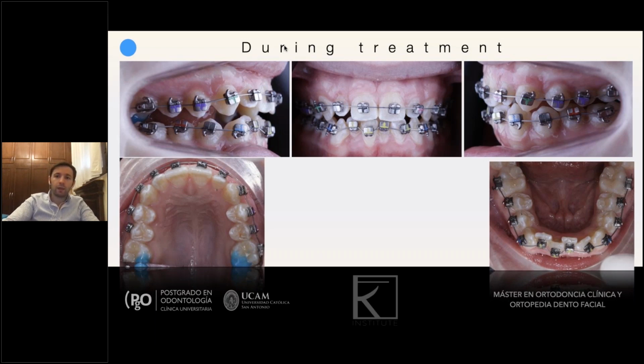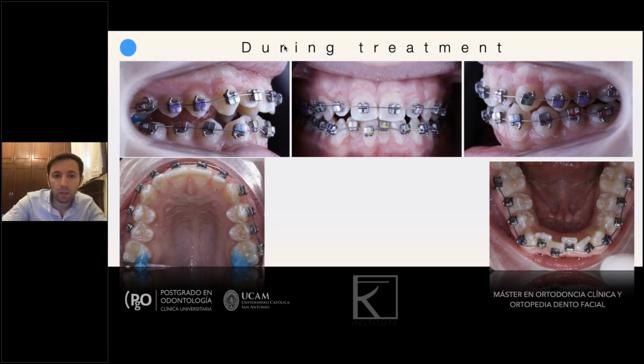After the bonding of the brackets, I did the digital smile design, and on the last appointment of the patient, we had the possibility to make the aesthetic changes in the laterals, as you can see here.